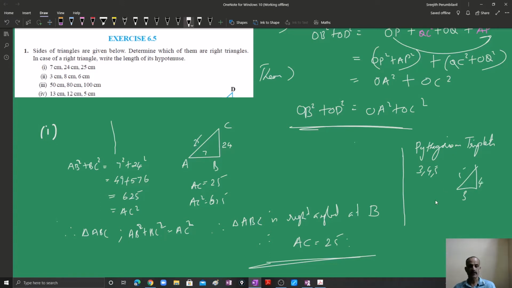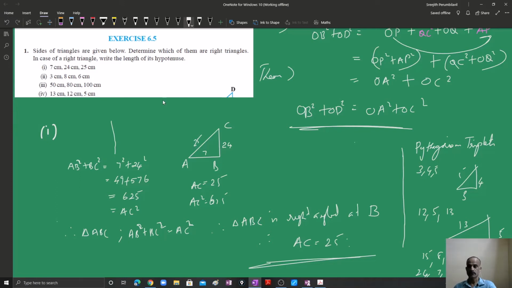Another one I'll tell you: 12, 5, 13. If 12 is one side and the other side is 5, automatically the third side is 13. Another one, 15, 8, 17, like here it is 24, 7, 25. These are all Pythagorean triplets. So try to learn more such numbers, it will be very beneficial for you too.